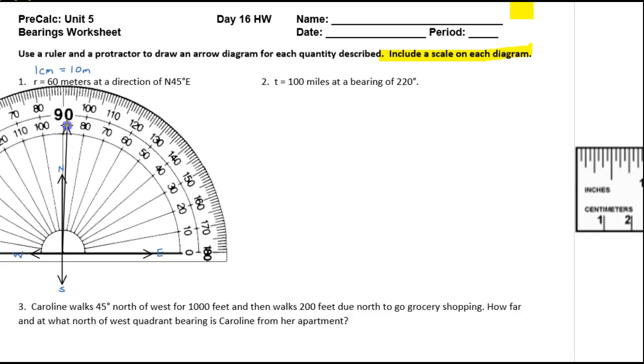Okay, so 45 degrees is going to be right here in the middle. And also, because I made the radius of my protractor be 6, all I have to do is extend my vector to the edge of the protractor, and I am golden.